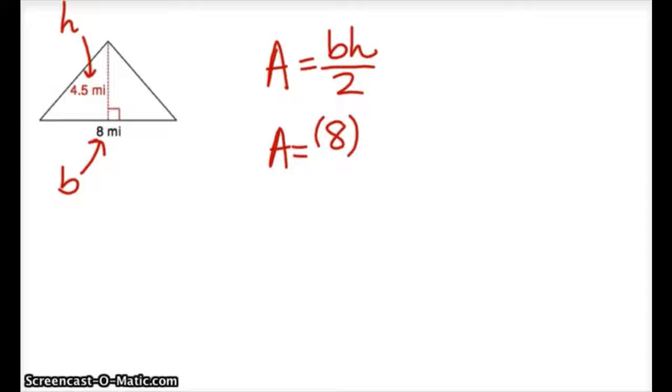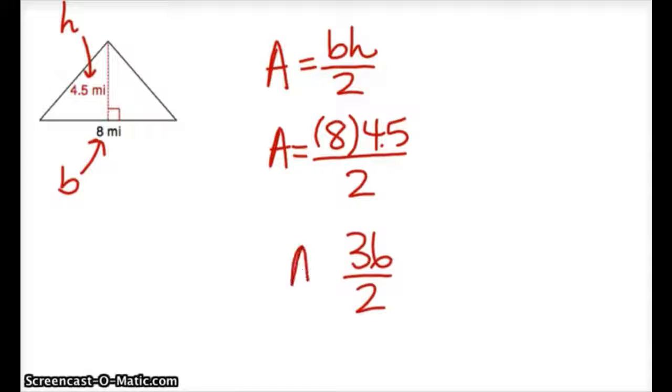My height is 4.5. And I'm going to divide that by 2. So 8 times 4.5 is going to be 36. If I divide 36 by 2, my area is going to be 18. My units are miles squared.